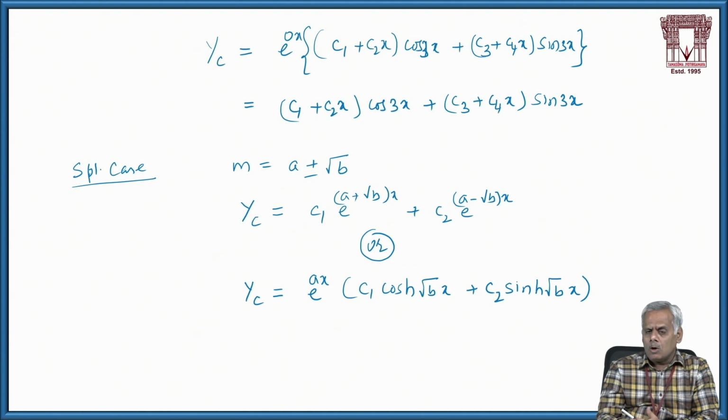If roots are complex conjugate, use trigonometric ratios, that is sine and cosine. And if roots are irrational, then use hyperbolic functions, that is sinh and cosh.